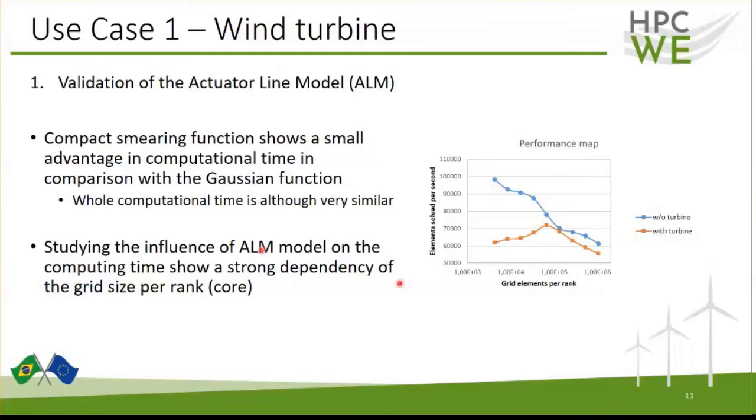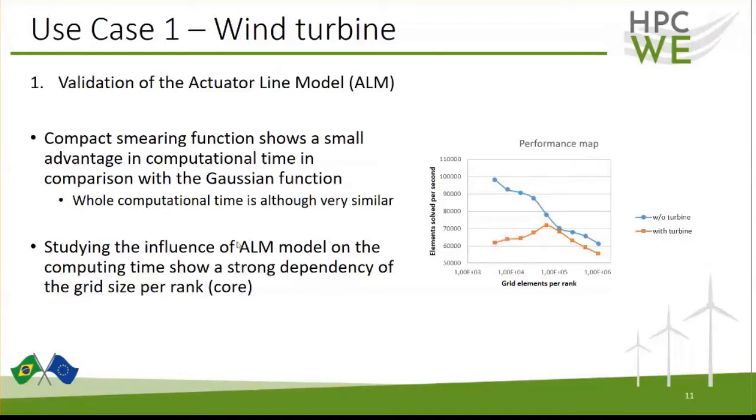But using the actuator line model, we see here in orange that up to a point I have a good computational efficiency, but if I decrease the grid size, then my efficiency drops.